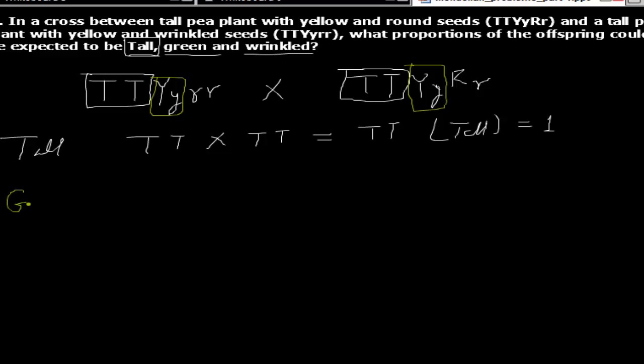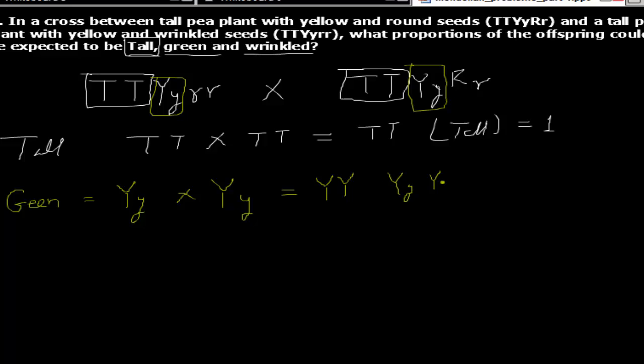Now for green one, we have to study a cross between capital Y, small y into capital Y, small y. So if we cross like this, we will get this genotype.